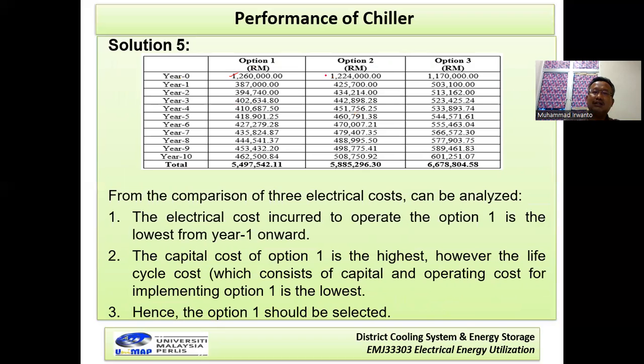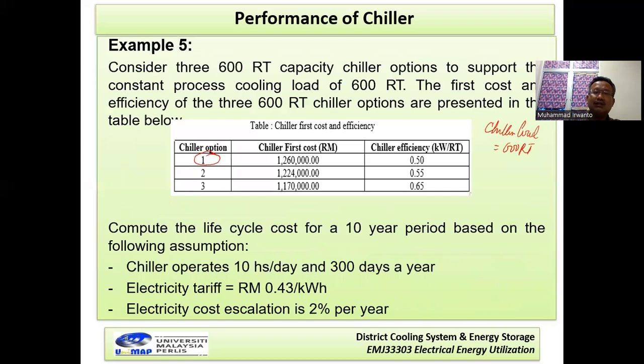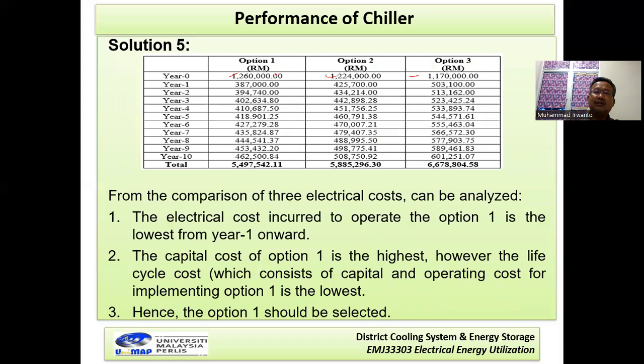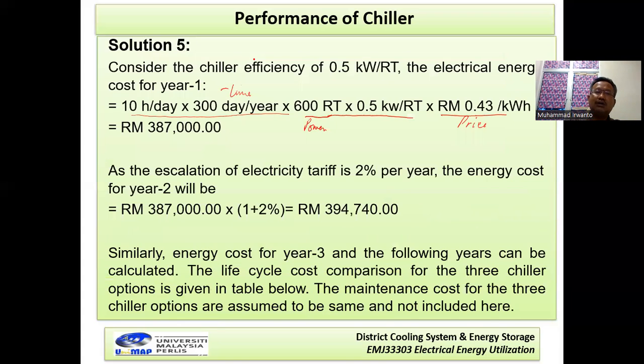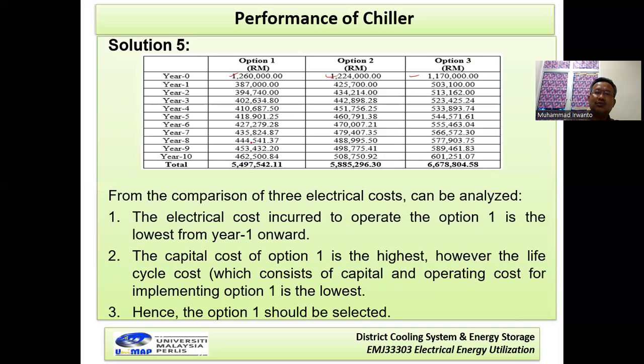This initial year is obtained from the chiller first cost, for option 1, option 2, option 3. After that, we calculate all the chiller options from year 1 until year 10. After that, please add all for each case.